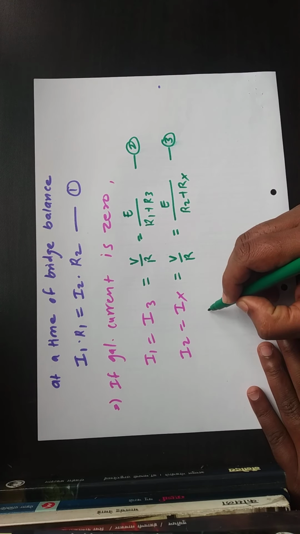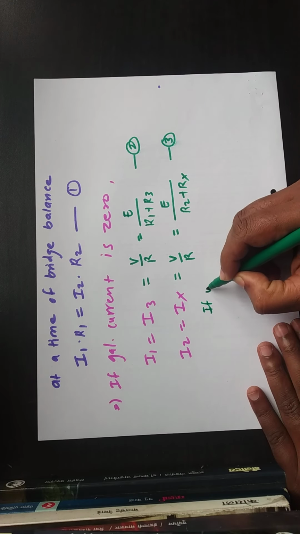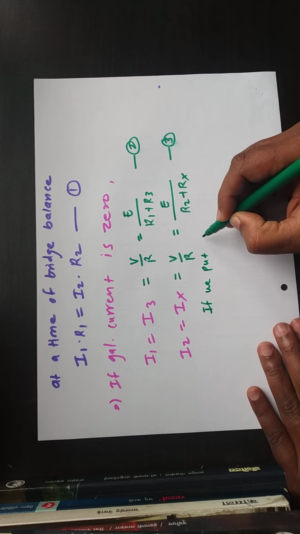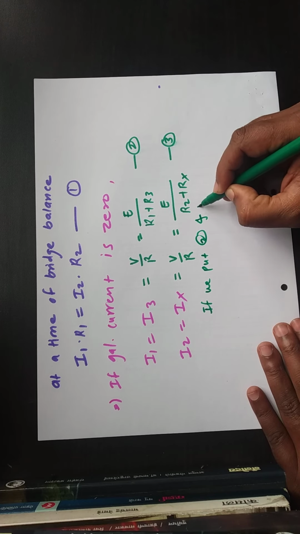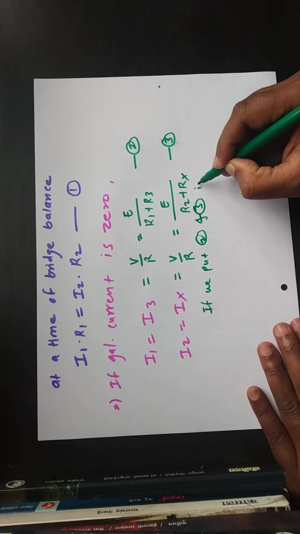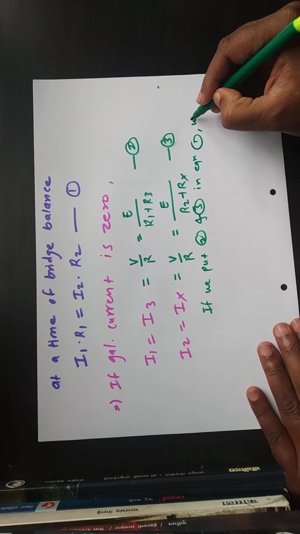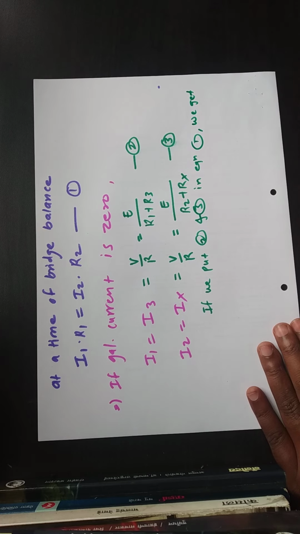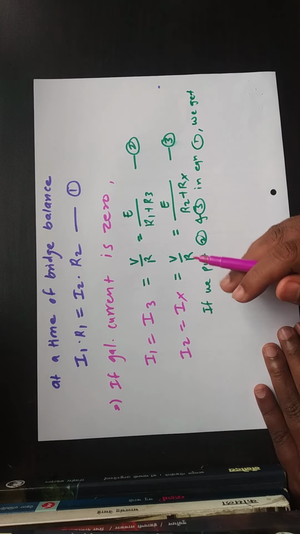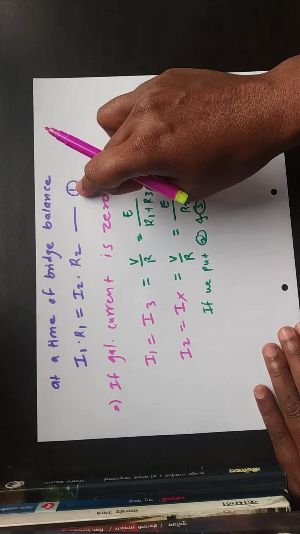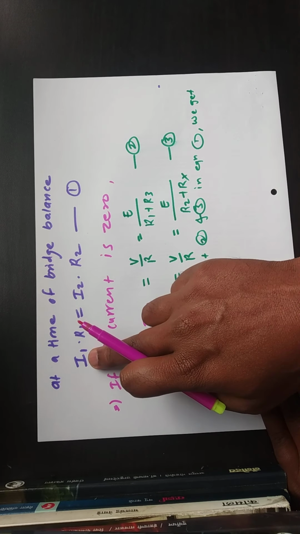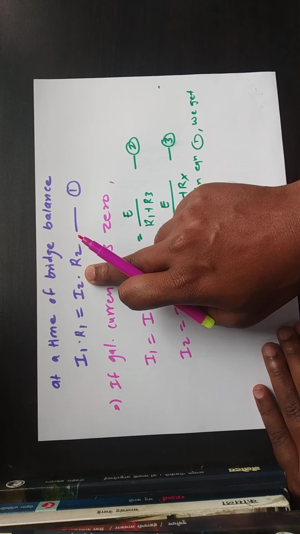So if we put equation 2 and 3 into equation 1, what do we get? We know I1 and I2, so here we have I1 and here we have I2.